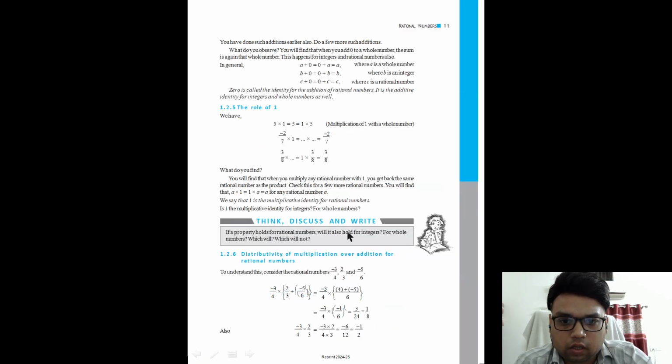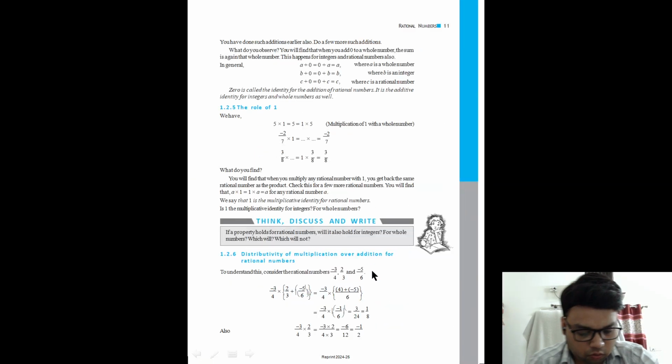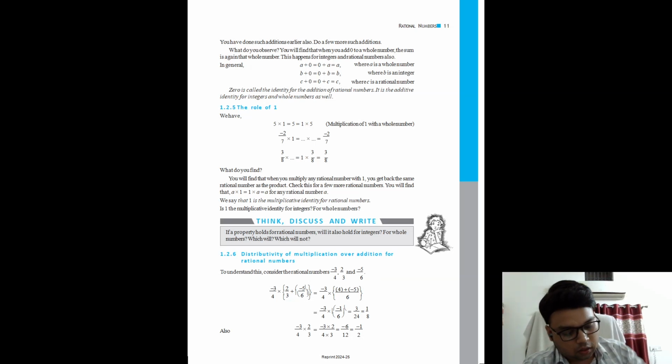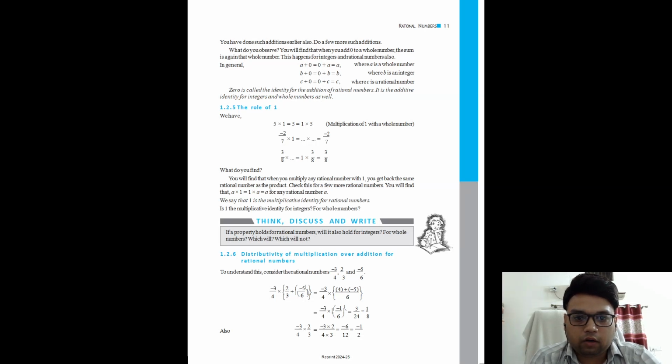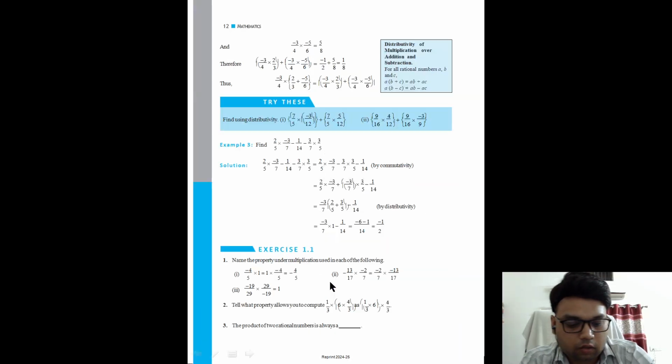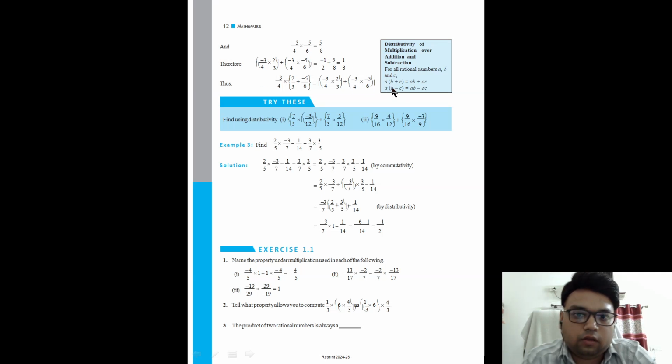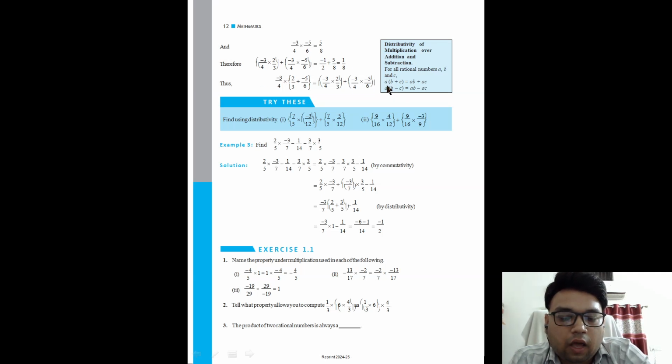Okay, so now we go to the distributive property. What is the distributive property? Multiplication distributes over addition or subtraction. What does it mean? It simply means that when we multiply a number, for example a multiplied by b plus c, a is multiplied by b and a is also multiplied by c.